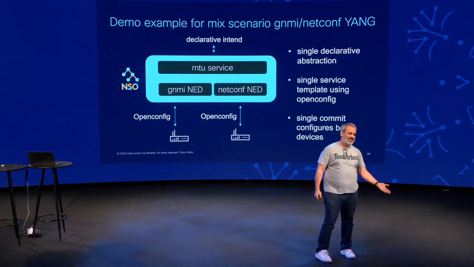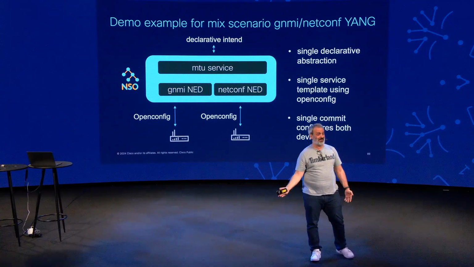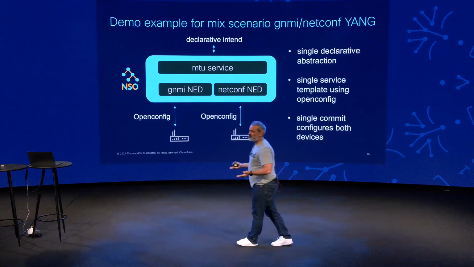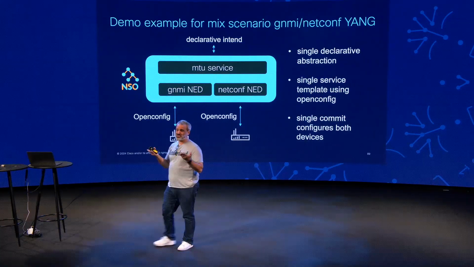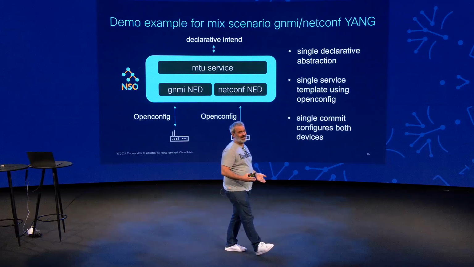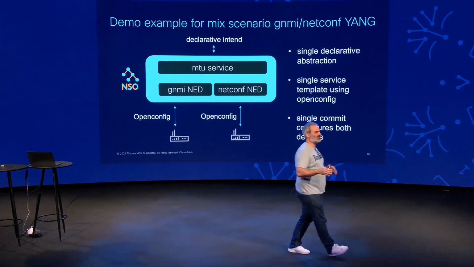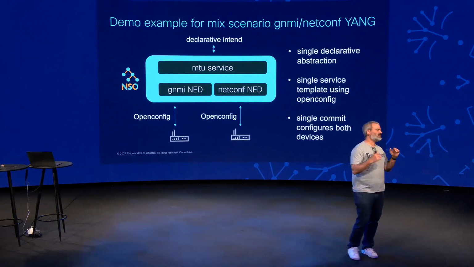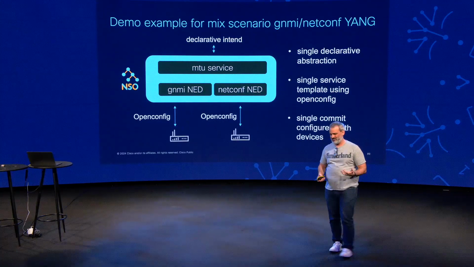One is a generic NETCONF NED, the other one is a generic gNMI NED, but both of them with the same YANG model. So what happens at the end is that I can write an NSO service that has a single OpenConfig template, and in a single commit, I can commit NETCONF and gNMI with the same template. The service code doesn't change.